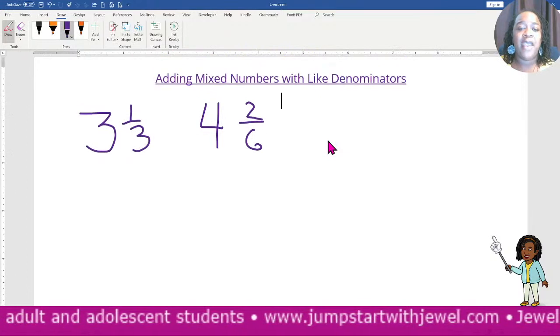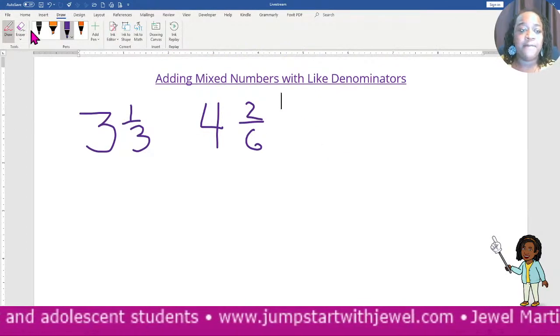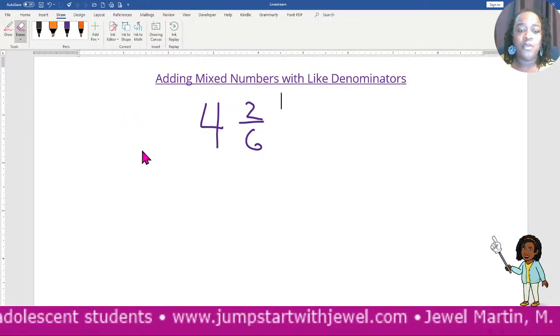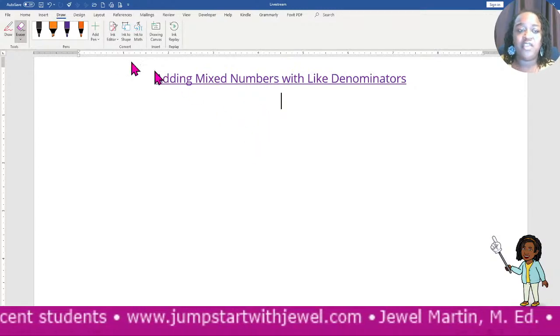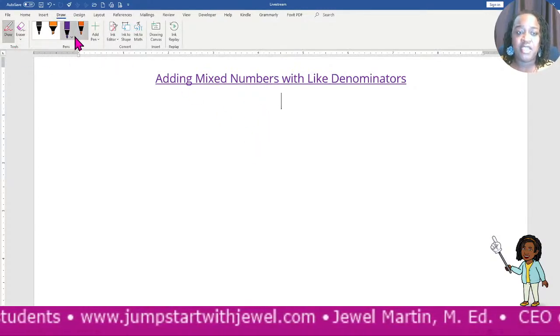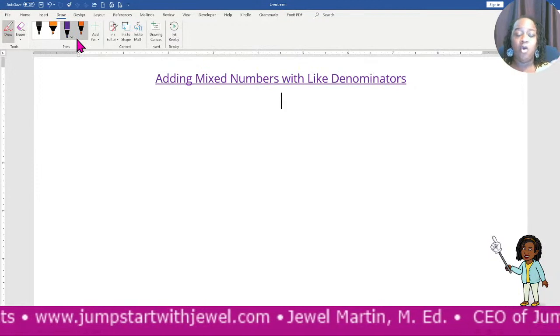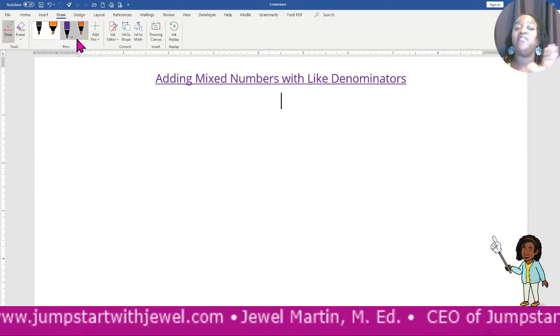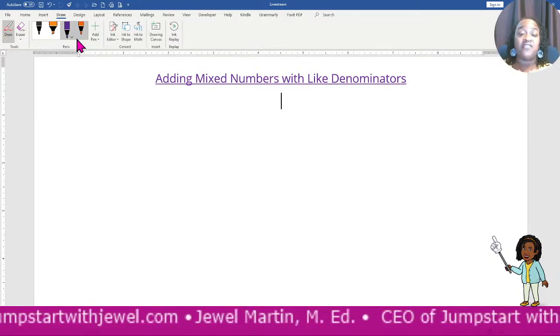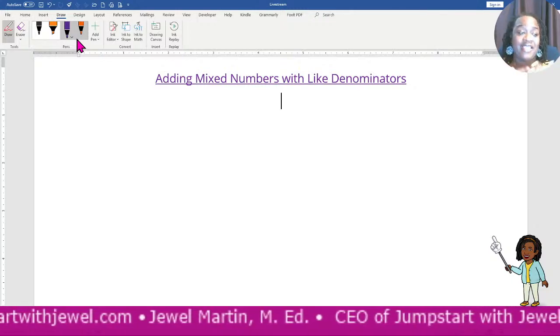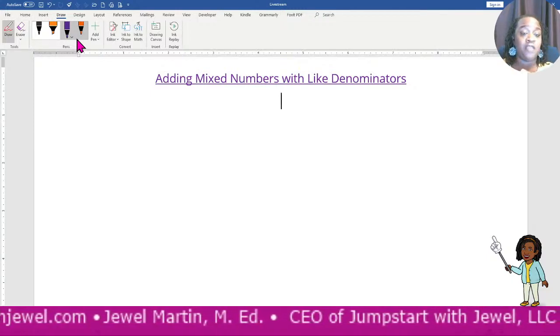The thing about adding mixed numbers is, when you're adding mixed numbers, you don't have to convert them. You don't have to change them. You can add the whole numbers and then the fractions, as long as the denominators are the same.